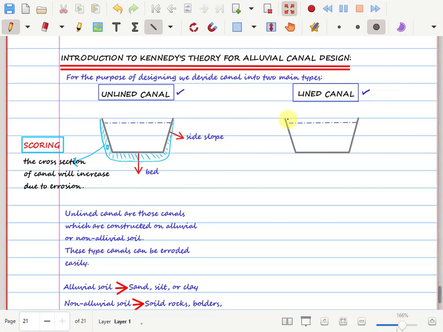We cover the inner face of the canal, like these side slopes, and the bed of the canal is covered with a material, and it will stop the process of seepage, right?